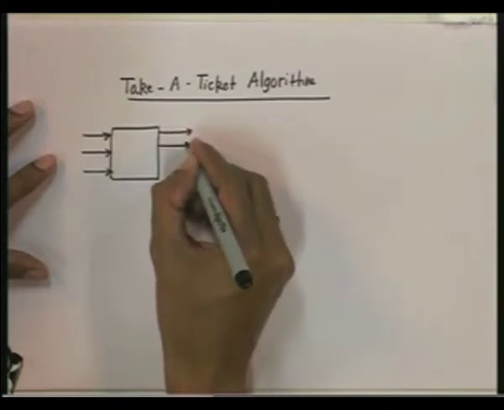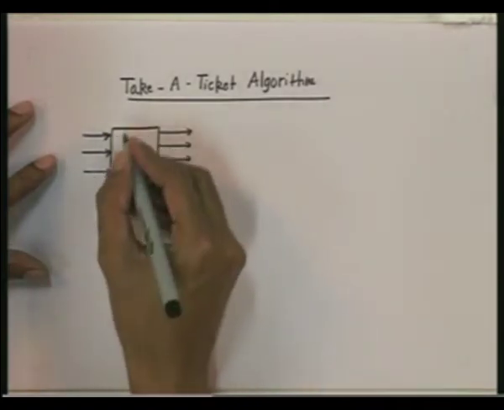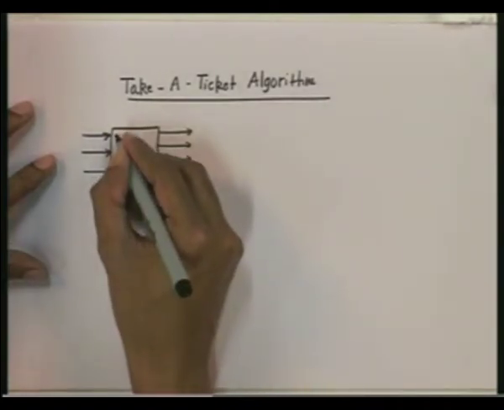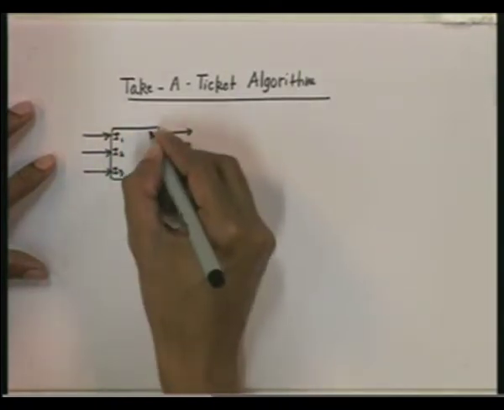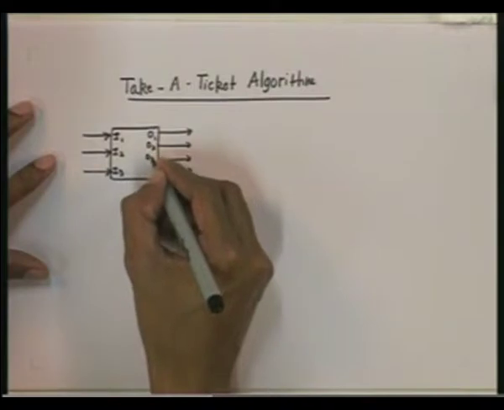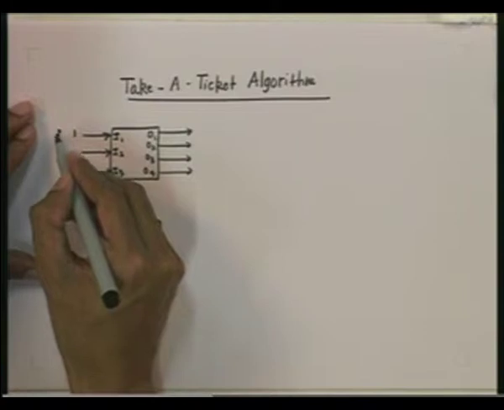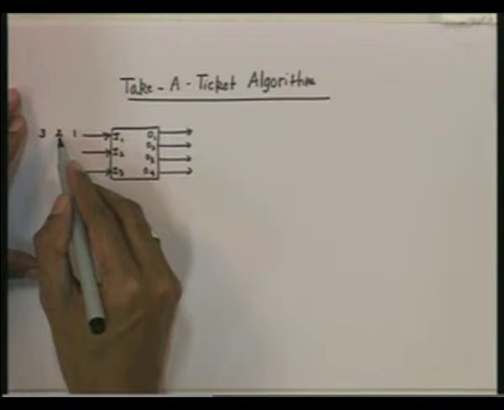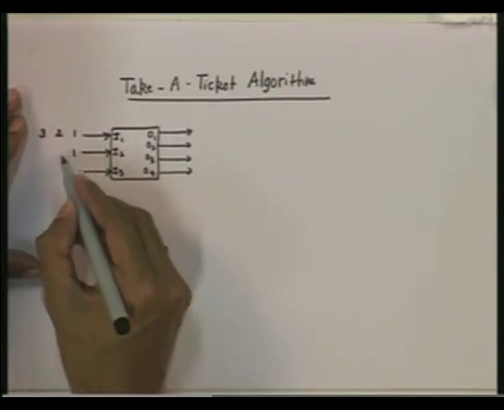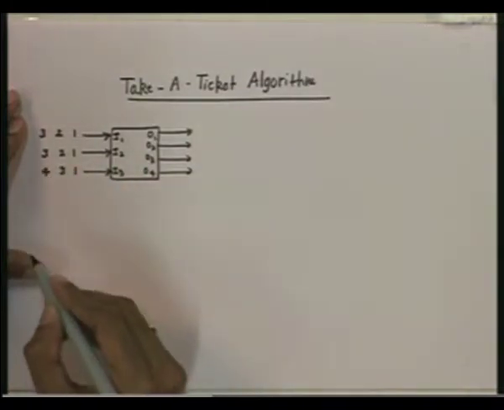Name them I1, I2, I3 and O1, O2, O3 and O4. And let us say you have packets going to output port 1, output port 2, output port 3 at the first input. This one has packets for output port 1, output port 3, and this one for output port 1, output port 3 and output port 4.